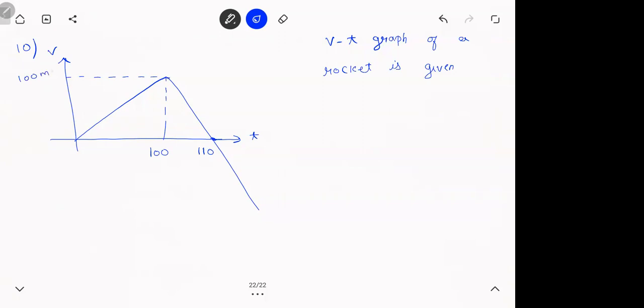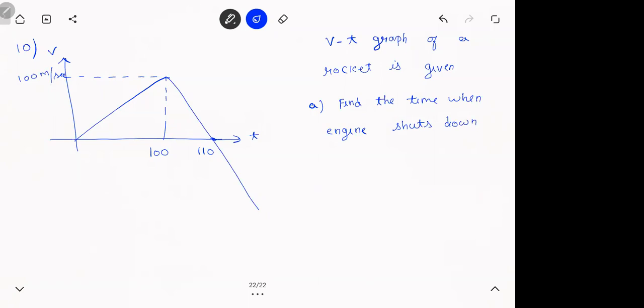This is 100 meters per second. So you took a rocket, like a Diwali rocket or something of that sort. You started it and you plotted the VT graph. And this is how the graph looked. So the questions are, find the time when the engine shuts off. It's not exactly a Diwali rocket, it's like a normal one.